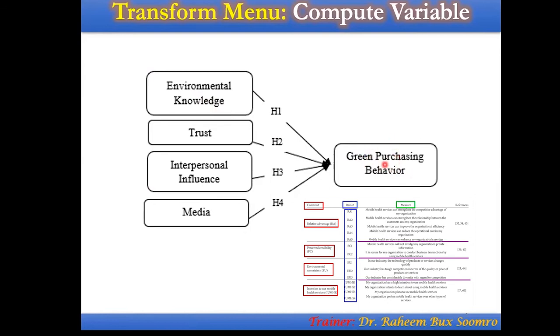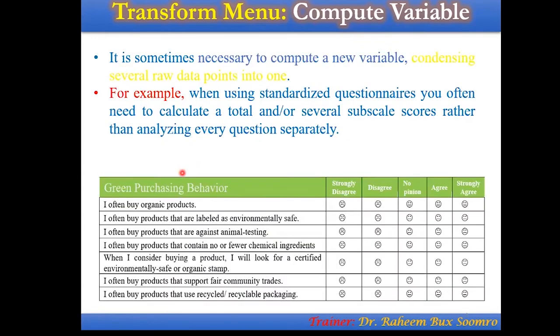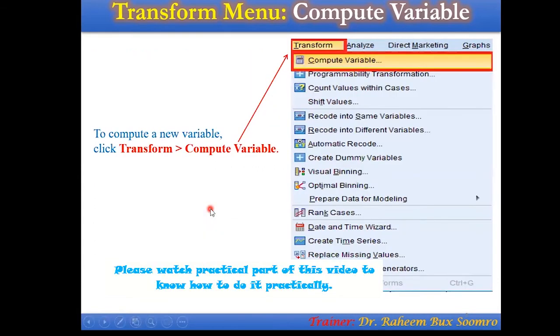In this way, we will get the average of the green purchasing behavior, and then it will be very easy to regress. This is one example, green purchasing behavior. Sometimes it is necessary to compute a new variable where we want to condense, meaning take the average of all these items. And then how to do this?